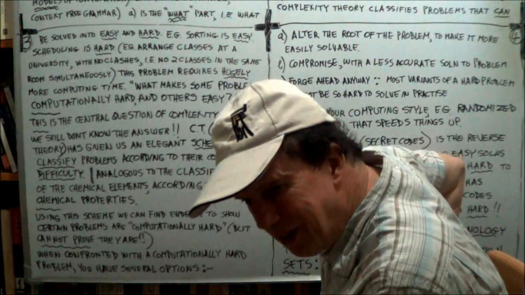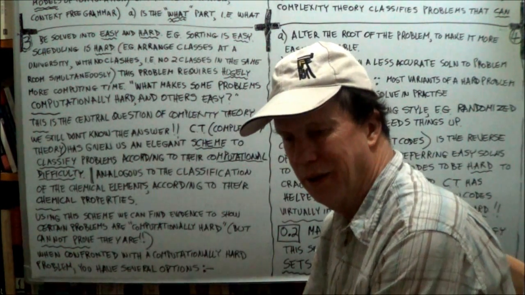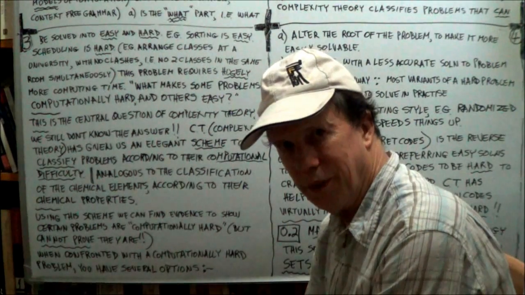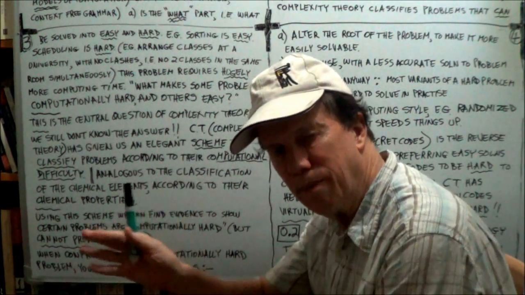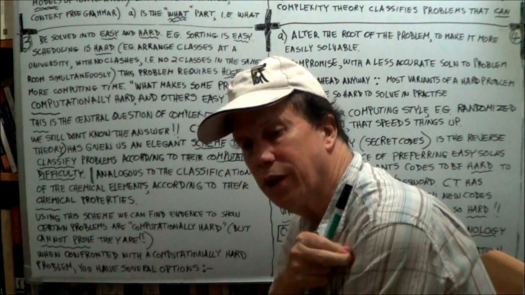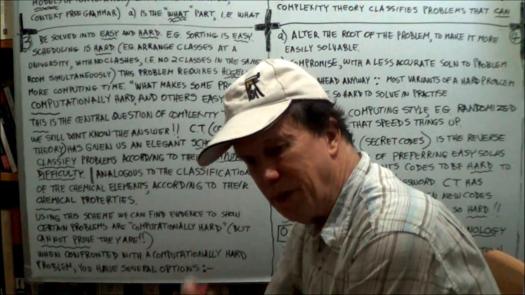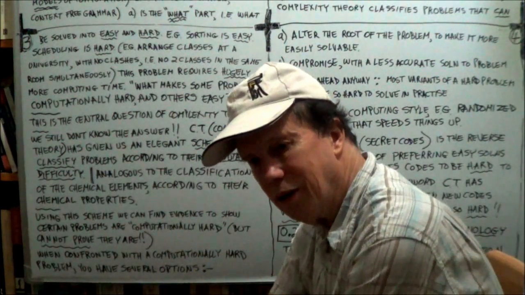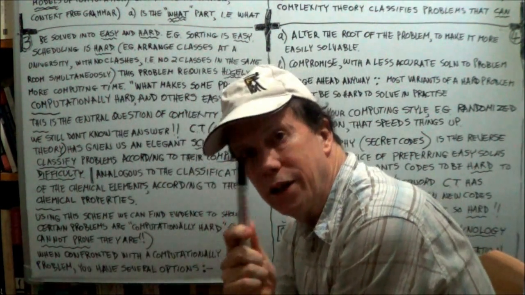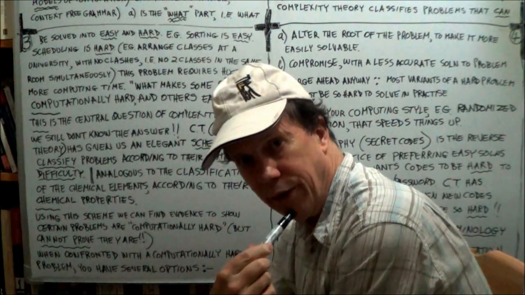So by analogy, computer scientists have been able to classify problems into various levels of hardness and given them a label. And you will become familiar with those labels and how to classify problems into these various categories yourself. And that will help you actually in your practical computing life.